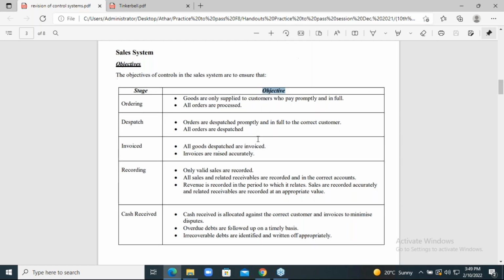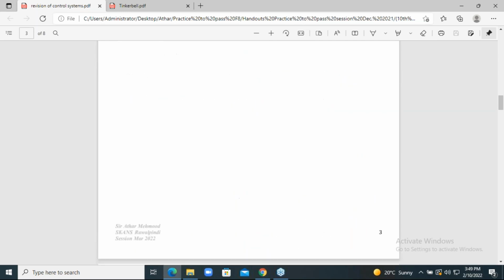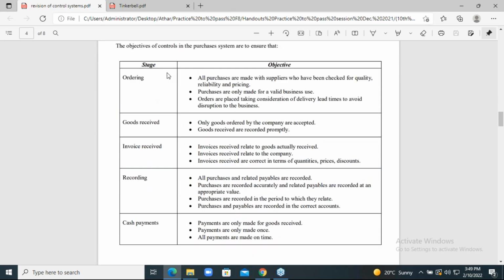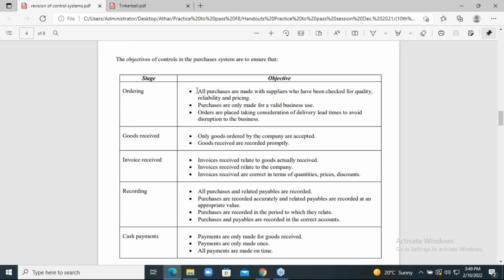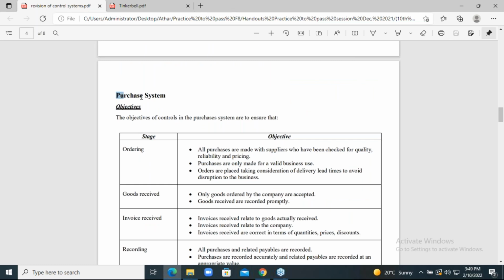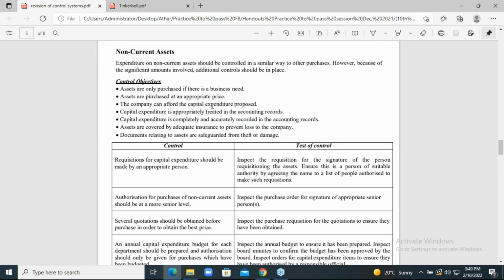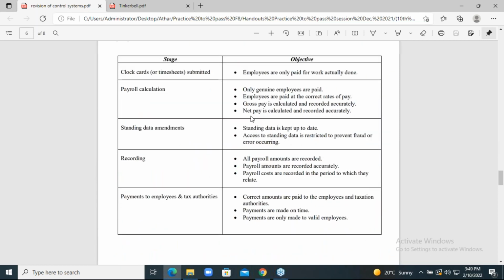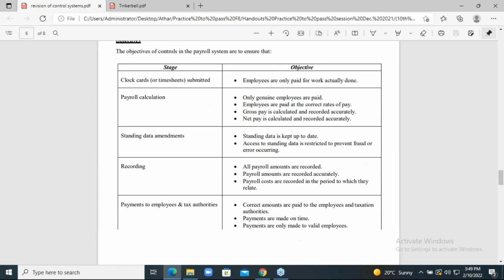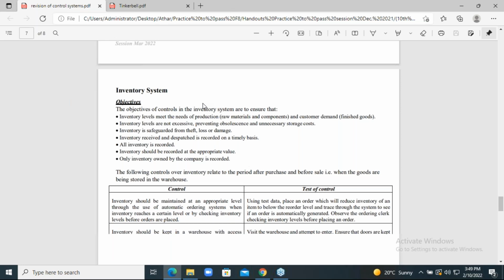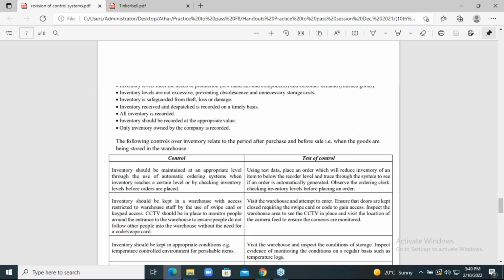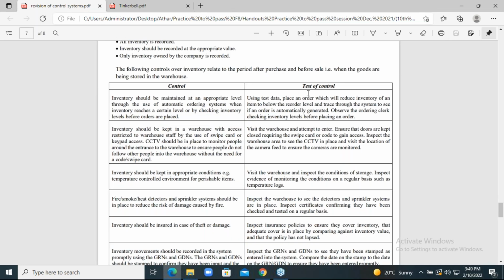So that is how you need to understand the risk and objectives of every stage, not only of the sales system but also the purchase system and the non-current asset control objectives, and likewise the payroll system and inventory system. These are some of the supplementary controls and tests of controls.